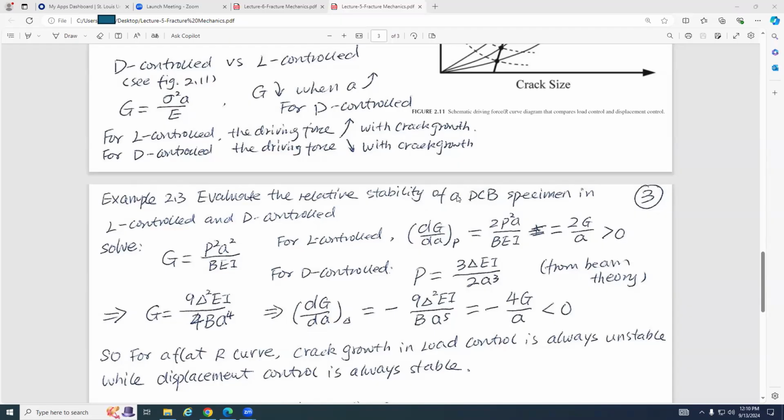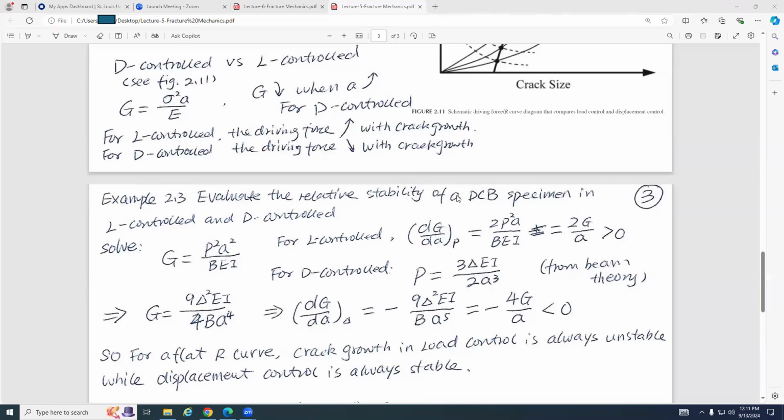I just check dG/dA for constant P. We can easily get that dG/dA equals 2P squared A over BEI, which we can write as 2G divided by A, which is greater than 0.